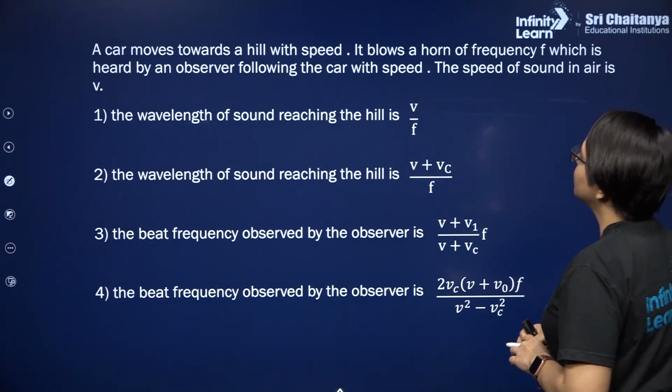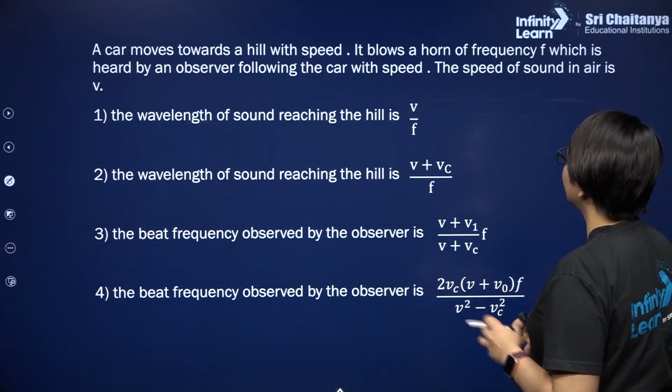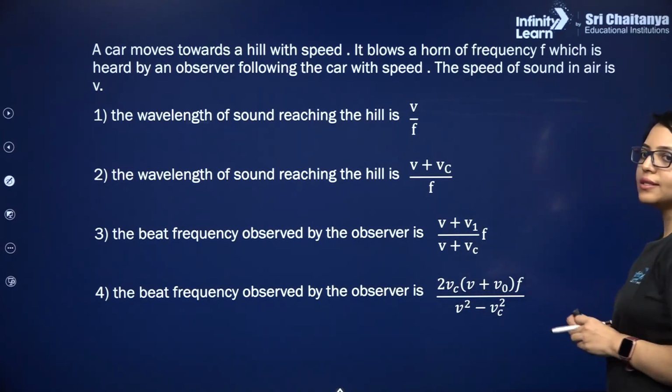So when the car is moving towards the hill, we are blowing a horn of frequency f and it is heard by the observer.